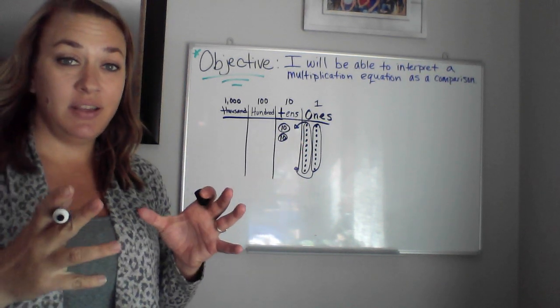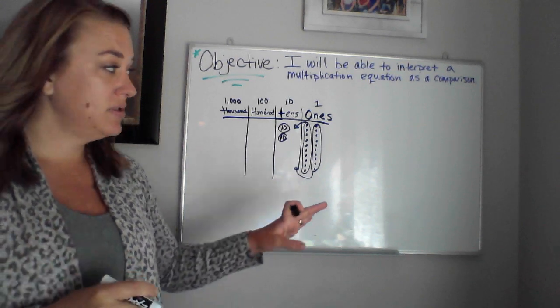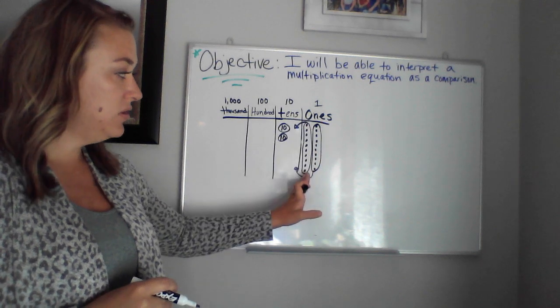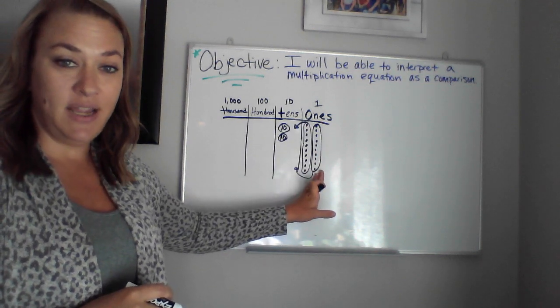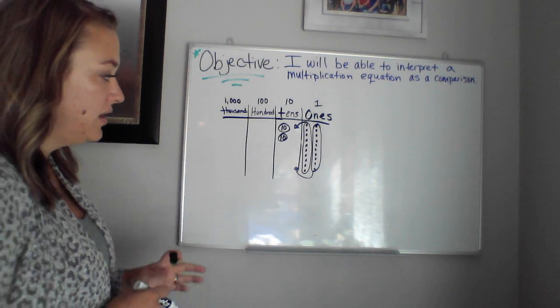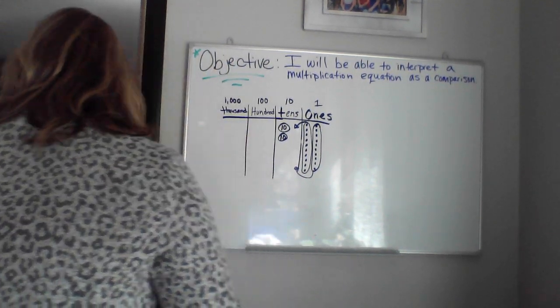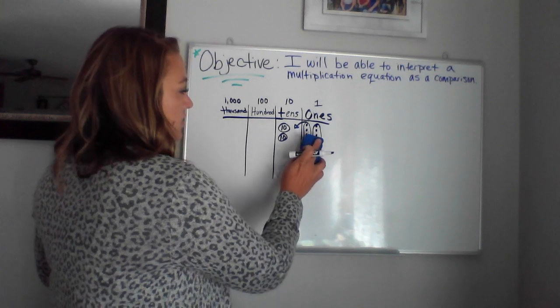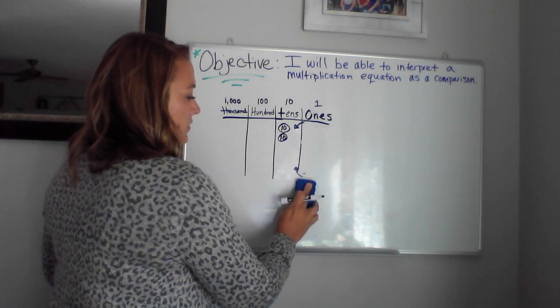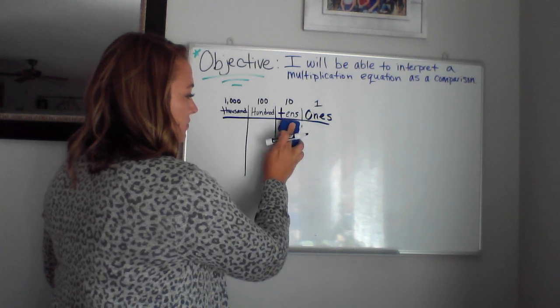So if we were to compare these, we could say that they're equal. So 10 ones is equal to 1 ten. 2 tens or 2 groups of 10 are equal to 2 tens, okay? And that's going to be the same as we continue to go over in our place value chart.